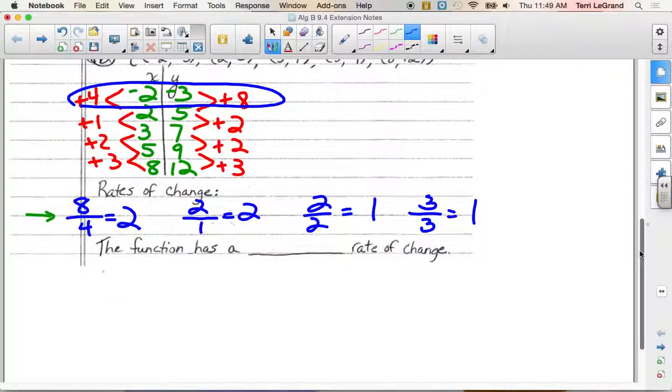And then we'll decide if we have a constant rate of change or a variable rate of change.